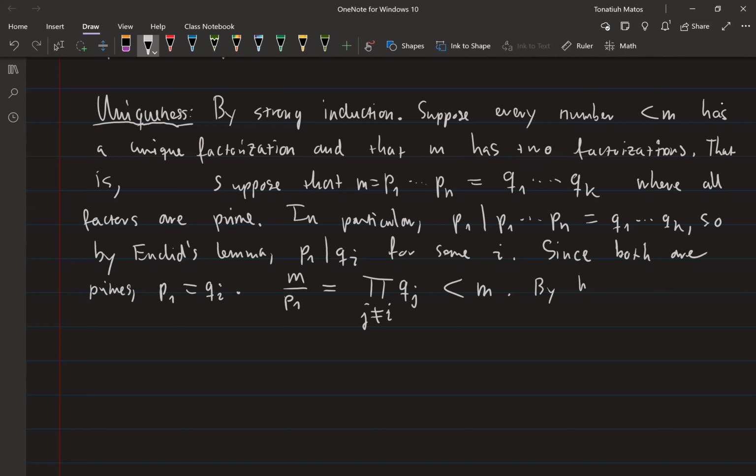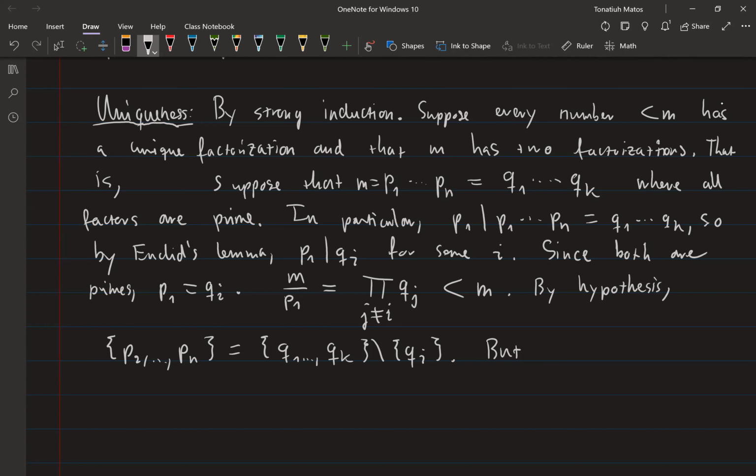So by the inductive hypothesis, every other prime must be unique. So p2 all the way to pn must already have been the same as the q's, with q1 eliminated.